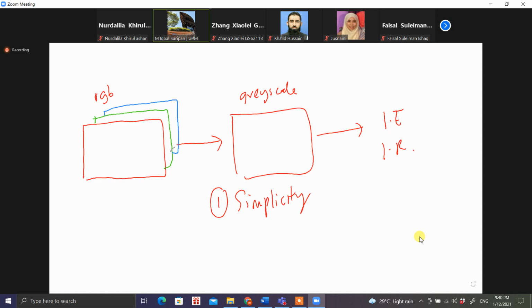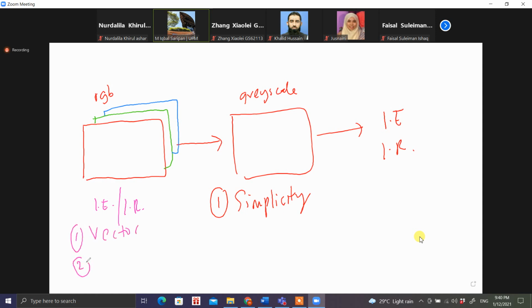If you want to process image enhancement and image restoration for RGB, you need to process it in vector form.